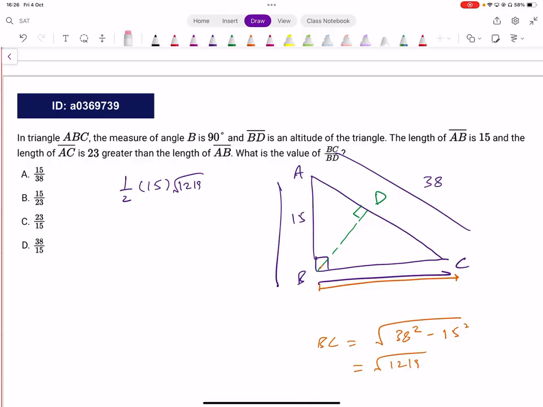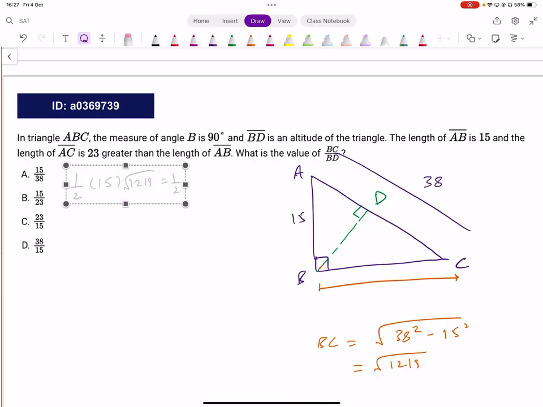Another way to find the area of the triangle could be that you say, let's consider this side as the base, AC as the base. In that case, BD will be the height if you take that side as the base, and this would give us 1 over 2 into 38 into BD.